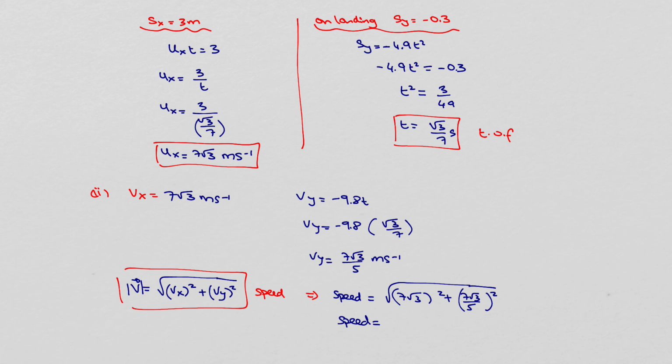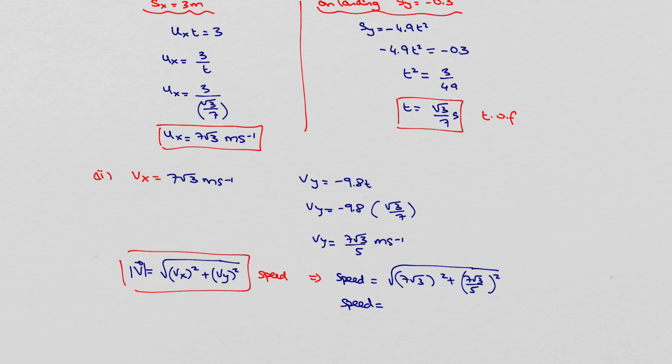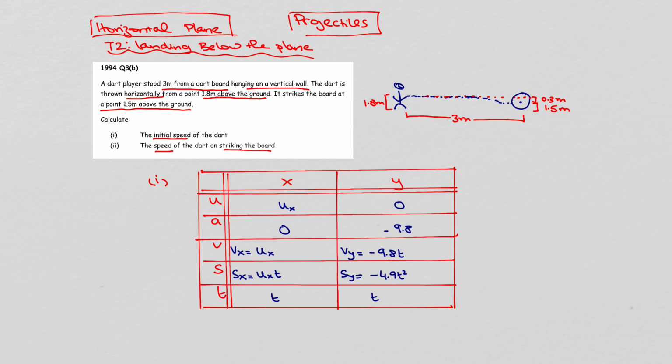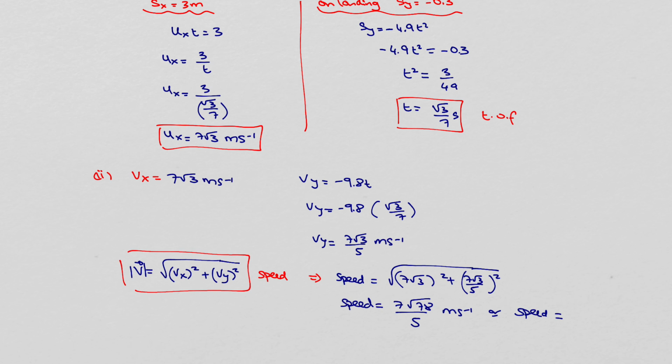That gives us a speed of 7 root 78 over 5 metres per second, or we would say our speed is equal to 12.36 metres per second.